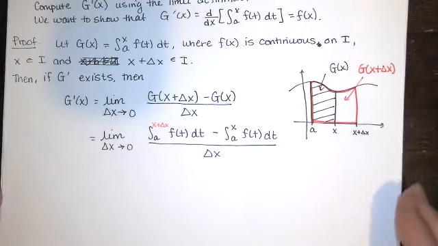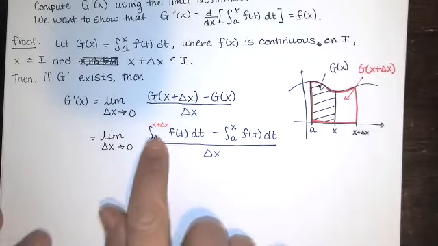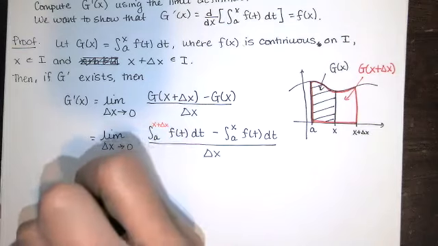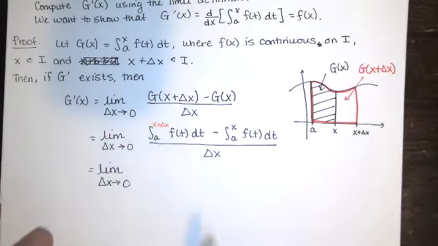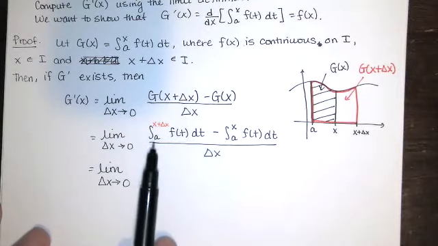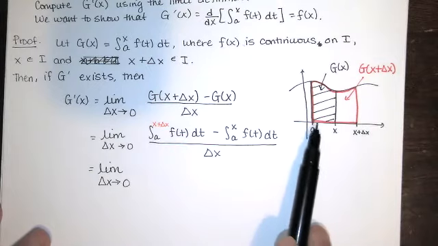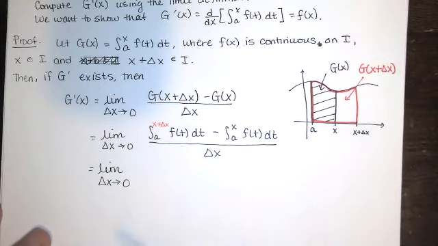Now, our function f is continuous, so we can actually break this up into a couple of different pieces using our properties of definite integrals. If I want the integral from a to x plus delta x, I could call that the integral from a to x plus the integral from x to x plus delta x.